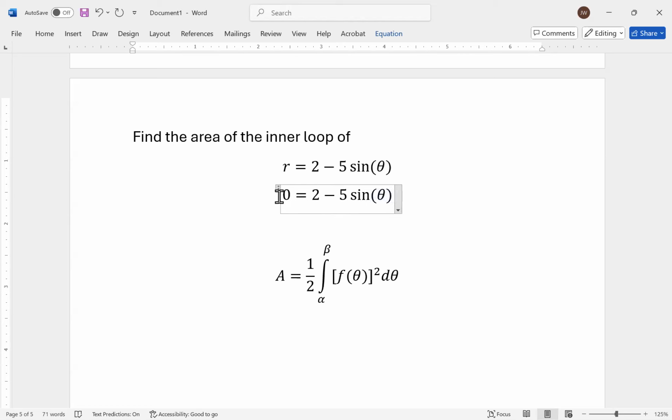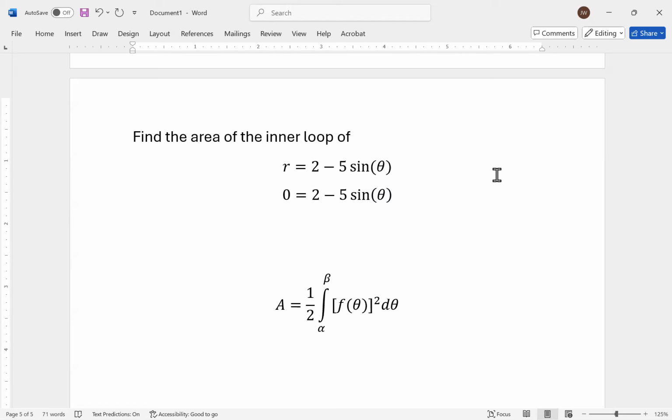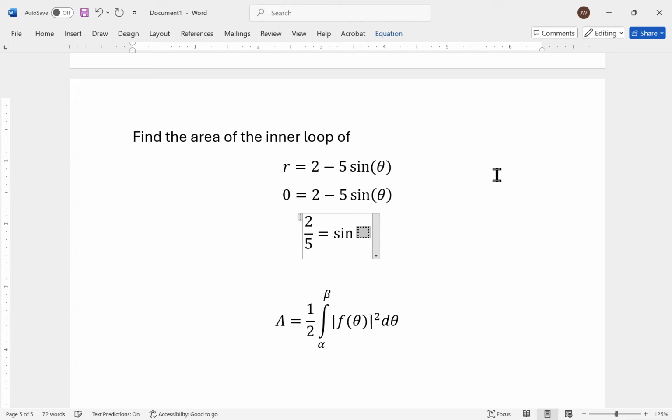Well, R becomes 0 if I subtract 2 and then divide by -5 when sine of theta is 2/5. Well, that is not a really nice numerical value.